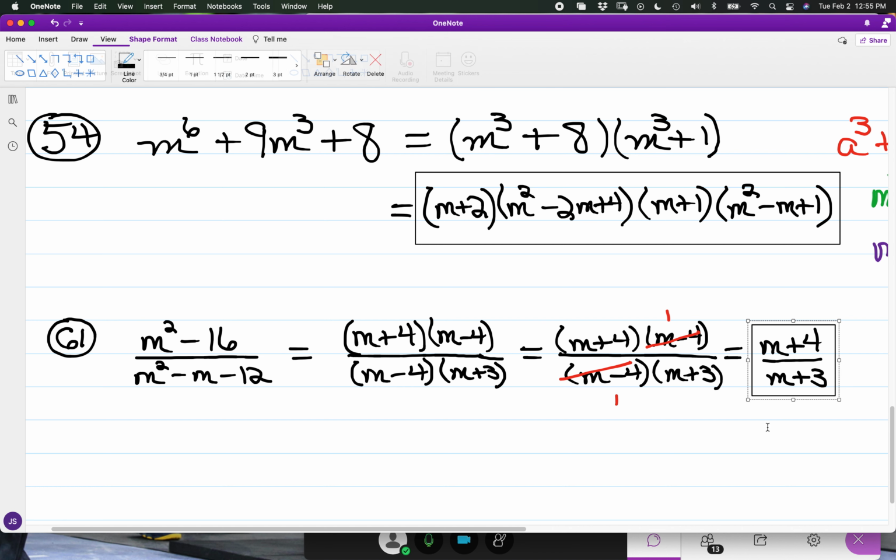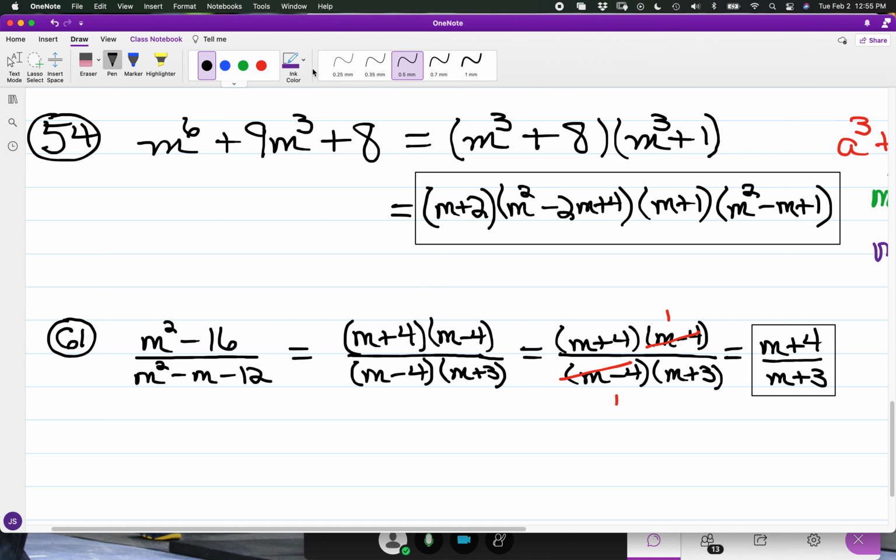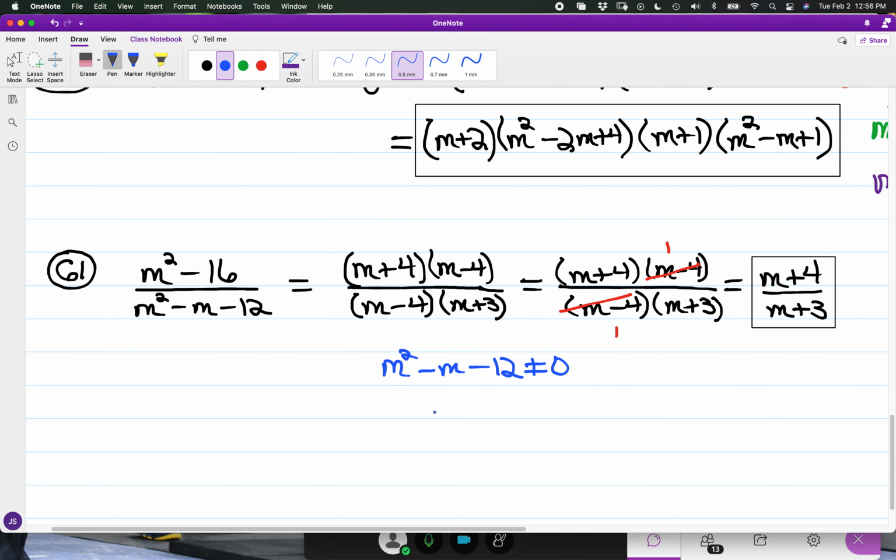But now we have restricted values. Again, we do have a stipulation that m squared minus m minus 12, because this expression is in the denominator, cannot be 0. Denominators cannot be 0. We had factored out m minus 4 and m plus 3, so if the whole denominator cannot be 0, then neither can the factors.